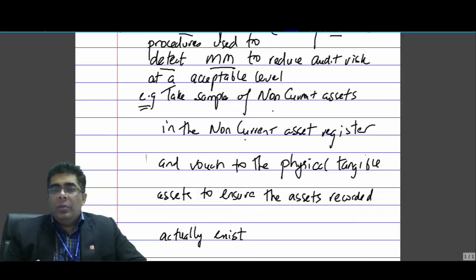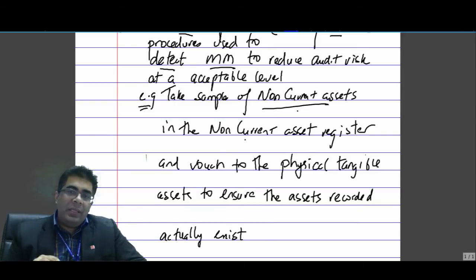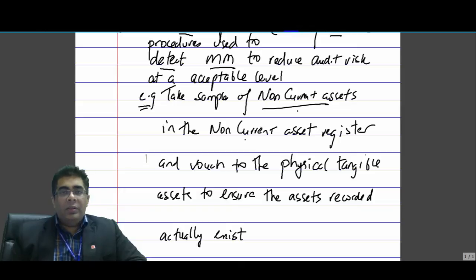Yeah, so what I'm doing is I'm taking samples of the non-current assets in the non-current asset register, and I'm going to vouch by inspecting the physical tangible assets to see whether these assets which are recorded, do they actually exist or not. So actually the company would have their own controls, meaning somebody in the company would be doing this job already.